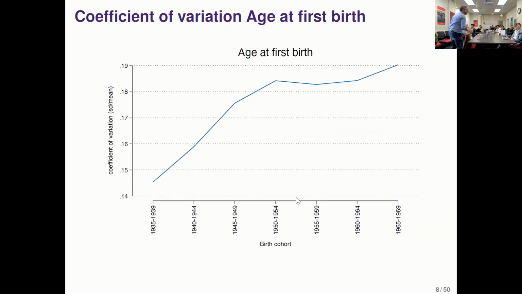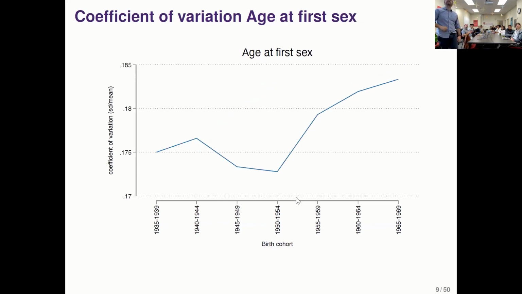There's also an increased variability in the age of first birth. This means that people born in the 40s had a lower age of first birth and a higher number of children, but it was more concentrated around the mean.